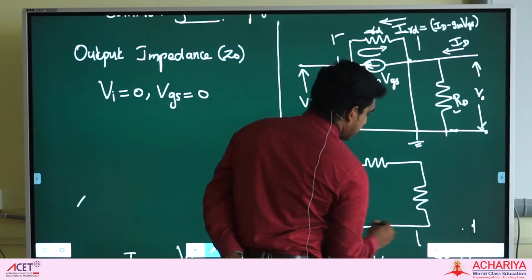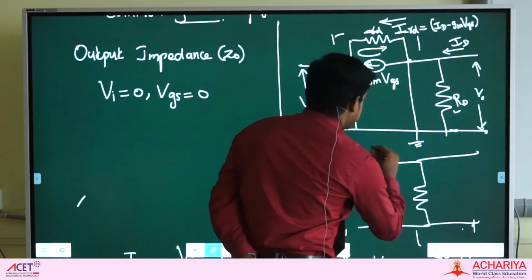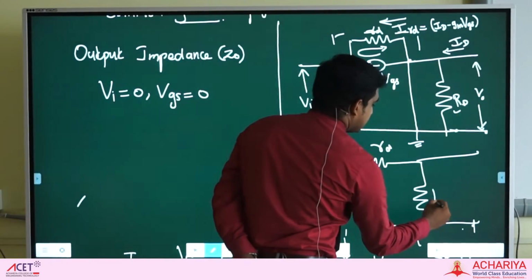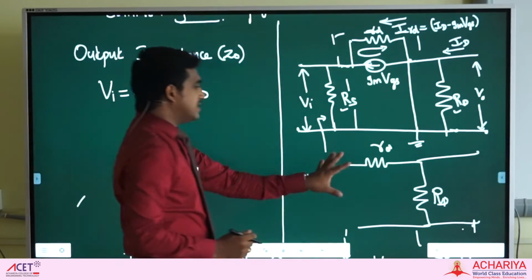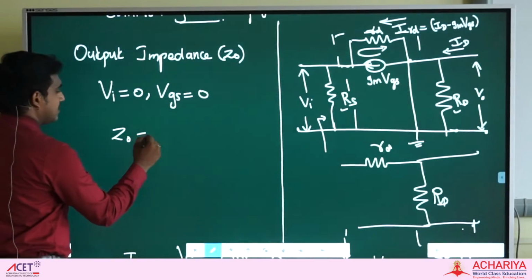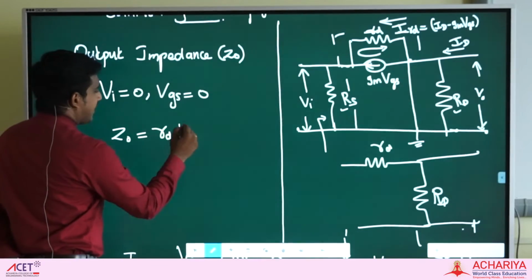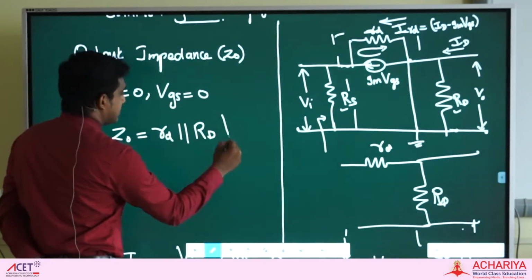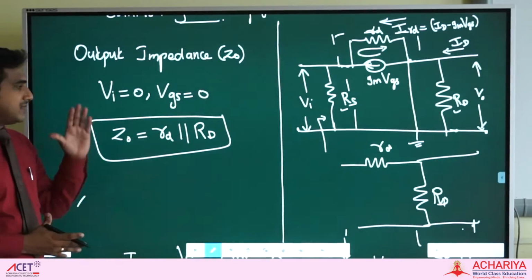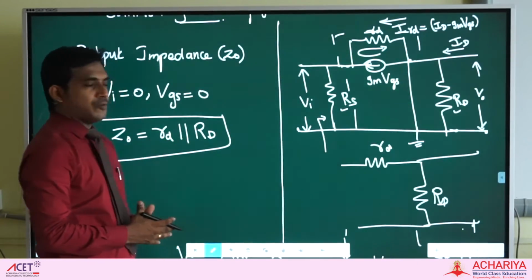Only two resistors are present in the output side: one is small rd, with the dependent source part becoming 0, and the other is capital RD. So from this we can write directly Z0 is equal to small rd parallel capital RD. This is the output impedance of the common gate amplifier. From the circuit itself we can directly write the output impedance.